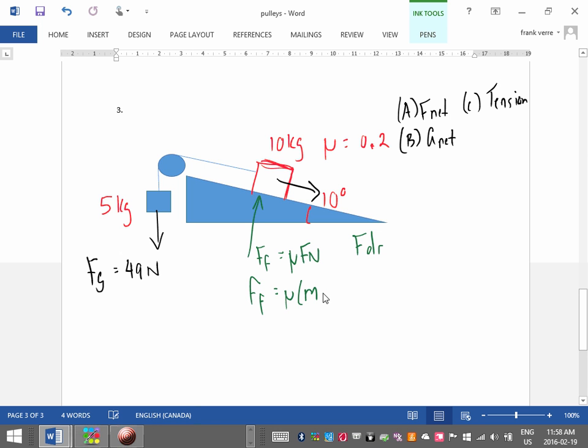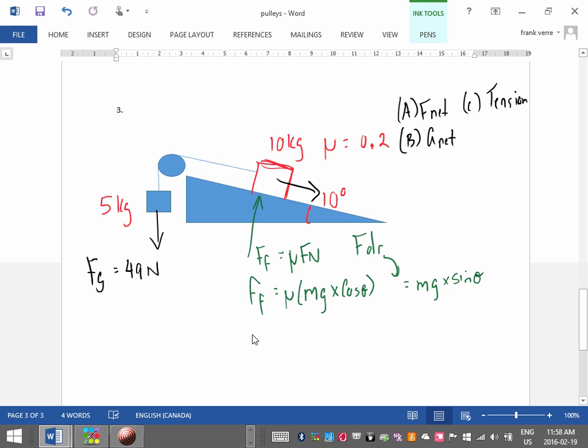It's equivalent to the weight times cosine theta or sine theta? Remember this? Yeah, it's cosine theta. Whereas the force down the ramp is equivalent to the weight times sine theta. Okay?